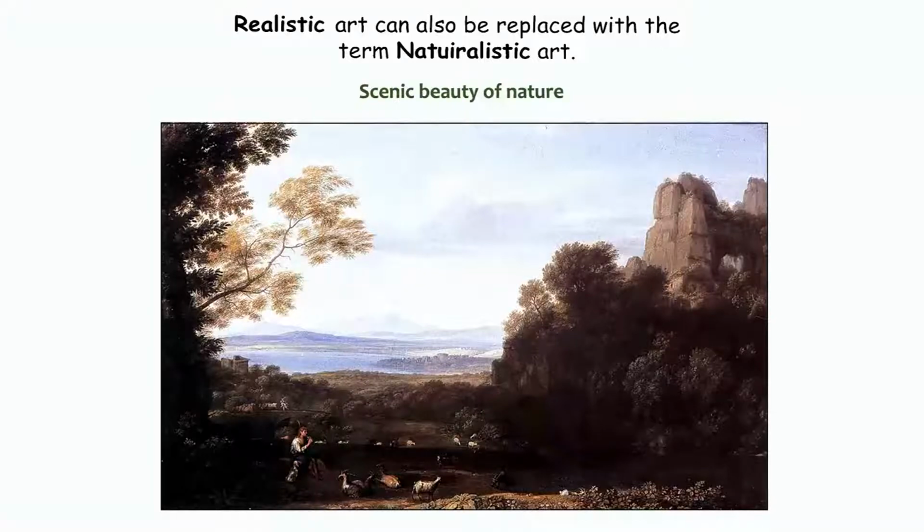In realistic art, you of course have a huge number of paintings coming under the category of scenic beauty of nature, which in other words we call landscape or natural scenes. But the point here is that as a painter belonging to this category, you are supposed to represent nature in a picturesque mood.